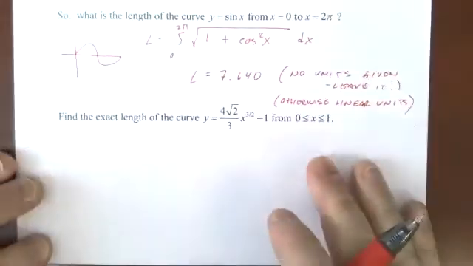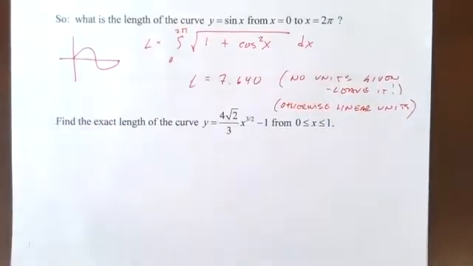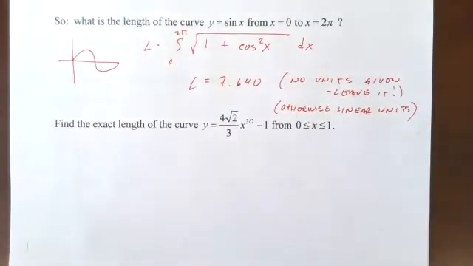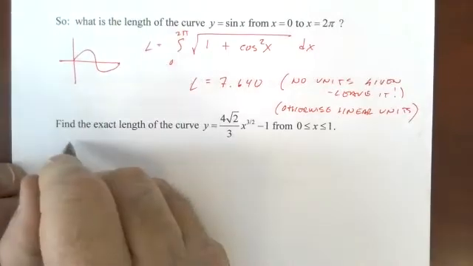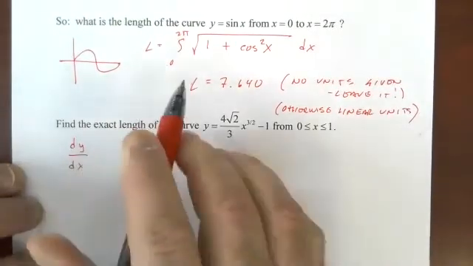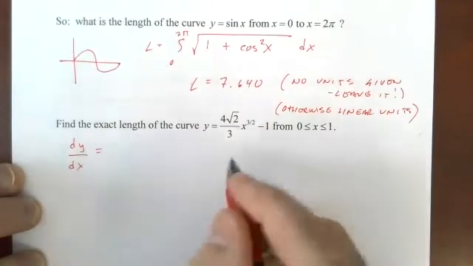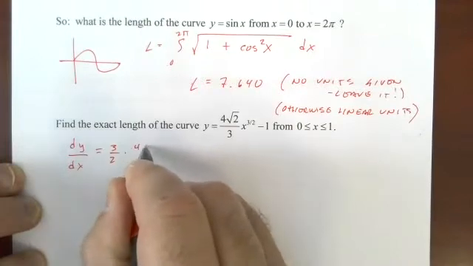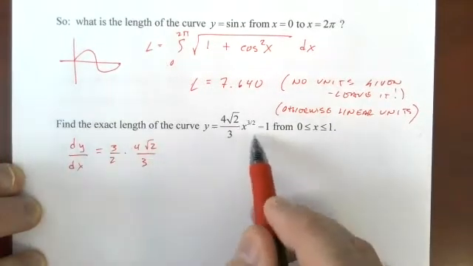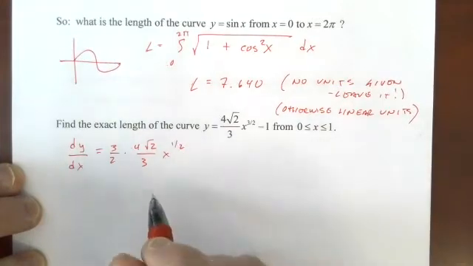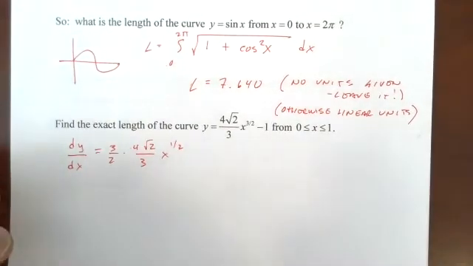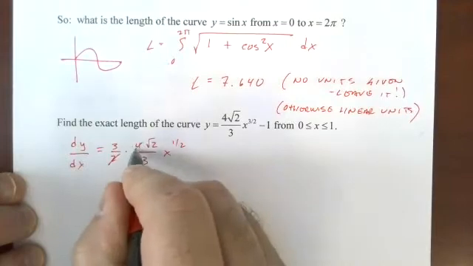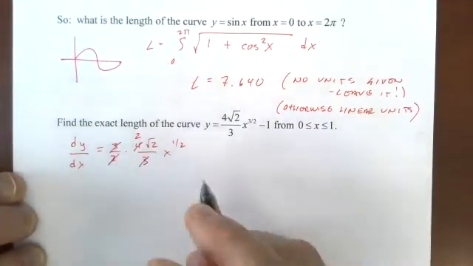Pretty straightforward. Wait a minute, why don't we do this by hand? Because we can't. We could. No, actually we can't. It'd be a bit of a hassle. All right, find the exact length of the curve, blah, blah, blah, from 0 to 1. Well, now we'll do it right. Here, I just kind of slapped it together. Let's find the derivative. 3/2 goes out front. We end up with, remember, we only care about the x, and we subtract 1, which is weird because we've been doing all this integration and stuff, and now we've got to kind of retrain our brains, think about derivatives.